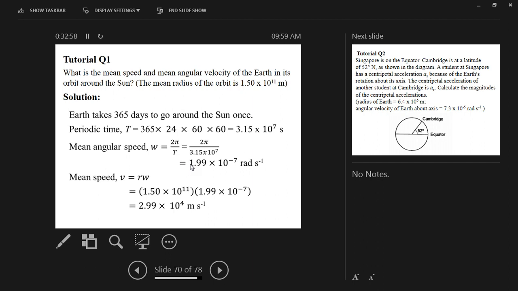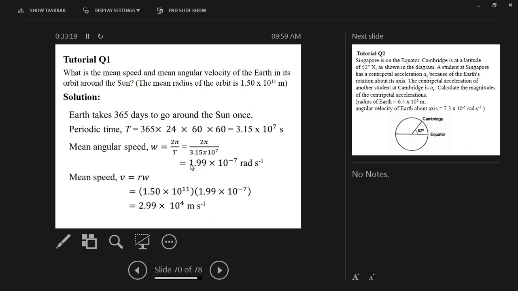So question 1 is a warm-up exercise. Okay, you just need to recall omega equals 2 pi over T, and find your omega. So the answer is 1.99 times 10 to the power minus 7 radian per second. The second part is recall the concept v equals r omega.